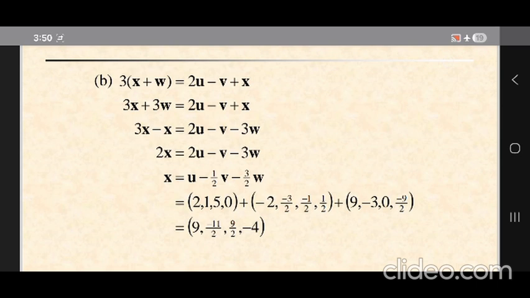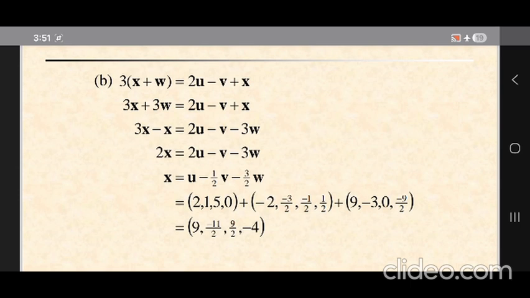Then 3x minus x is 2x equal to 2u minus v minus 3w. Then x equal to, the 2 on the left goes to the right side as a divisor, so 1 by 2 multiplies all three values.